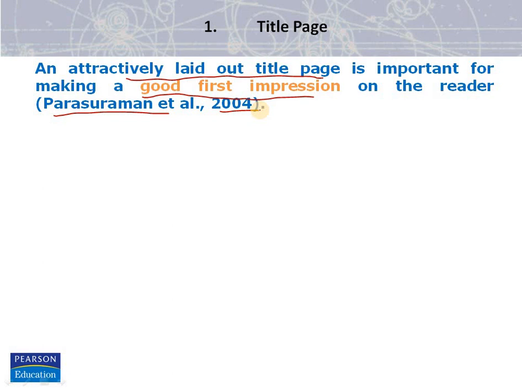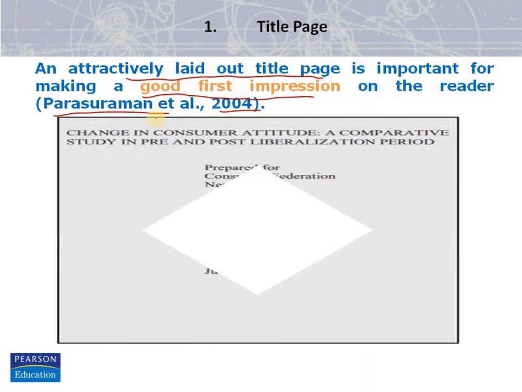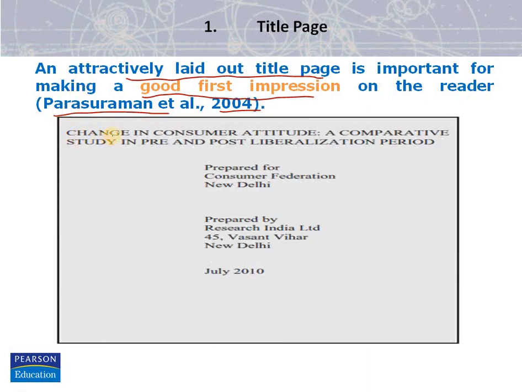So the title must be well defined. The title should be such that it attracts the reader. A given example is Change in Consumer Attitude: A Comparative Study in Pre and Post Liberalization Period. So the title must summarize much of the information in hand.